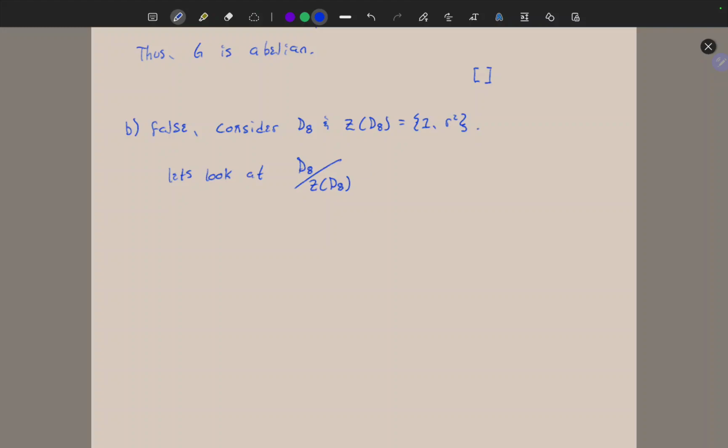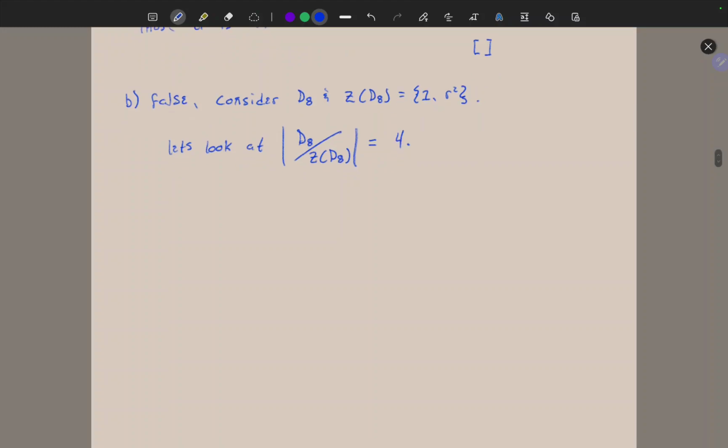And in particular, we want to look at the order of this group. This is going to have order 4, right? Because D8 has order 8, and then its center has 2 elements. So 8 divided by 2 gives us 4. So this quotient group has order 4.